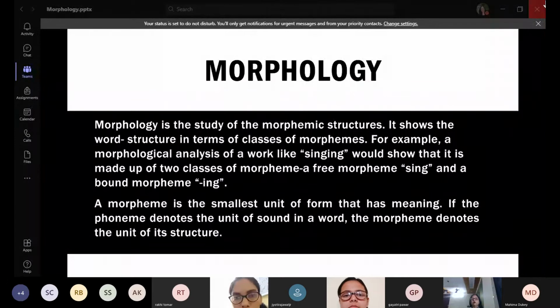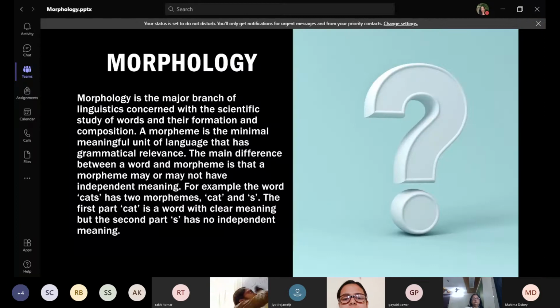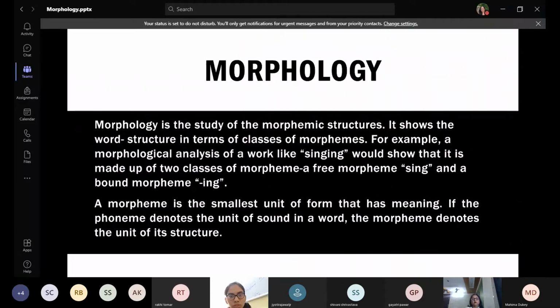Again, study of morphemic structures. We said that morphology is a branch of linguistics concerned with the scientific study of words and their formation and composition, right?